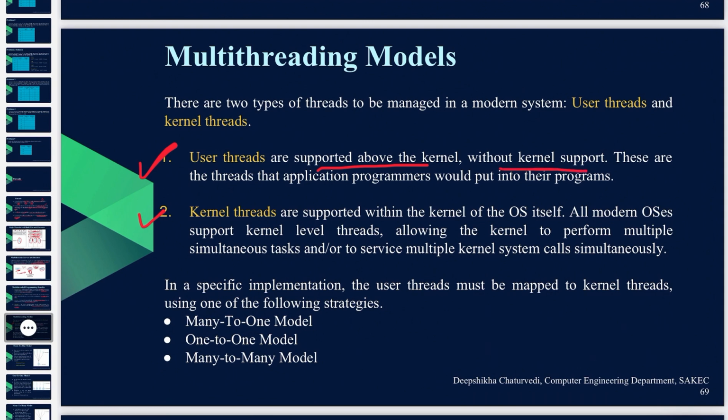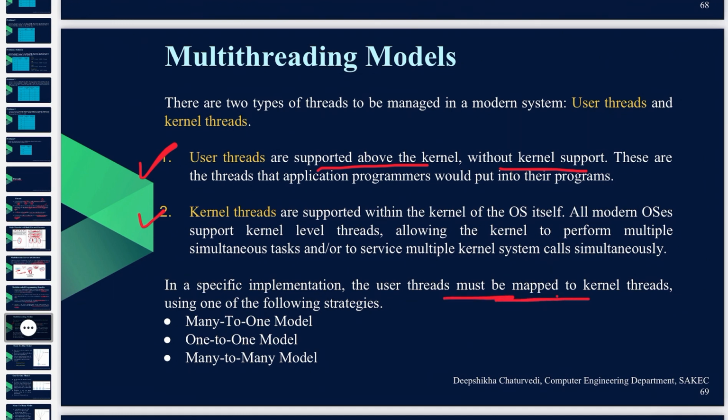User threads are supported above the kernel, without kernel support. These are the threads that application programmers put into their programs. Kernel threads are supported within the kernel of the OS itself. All modern operating systems support kernel level threads, allowing the kernel to perform multiple simultaneous tasks and to service multiple kernel system calls simultaneously.